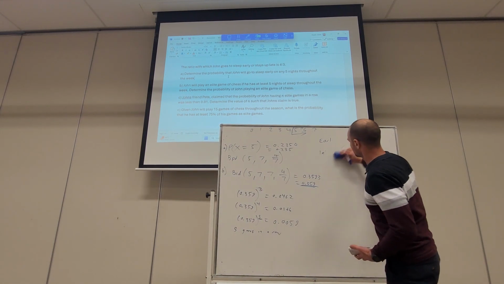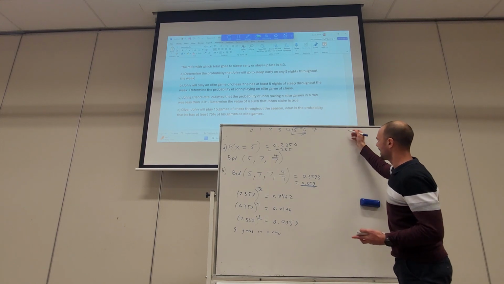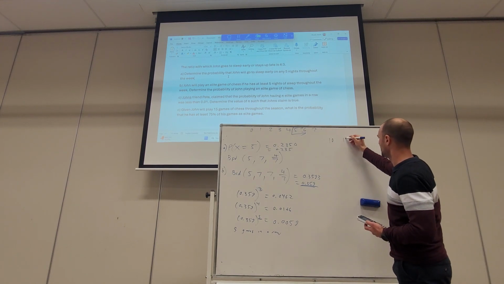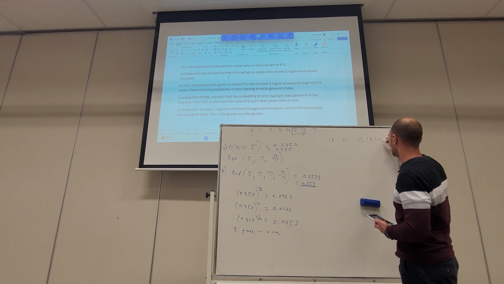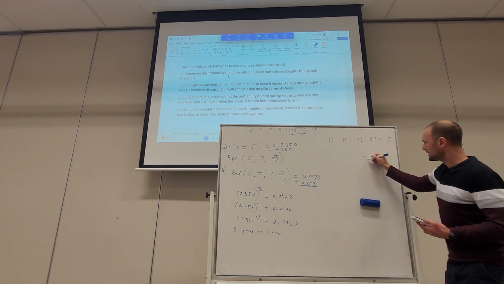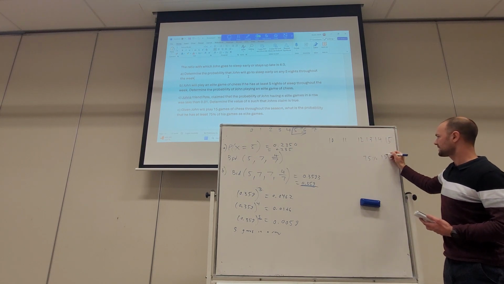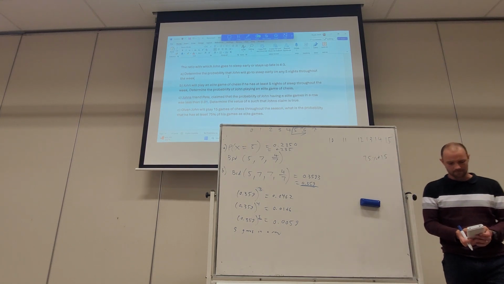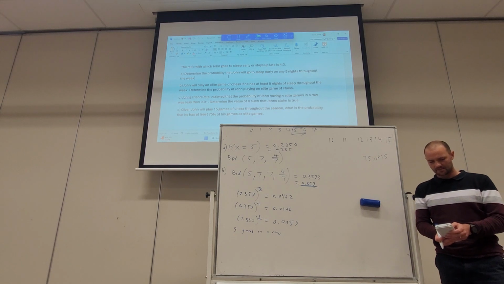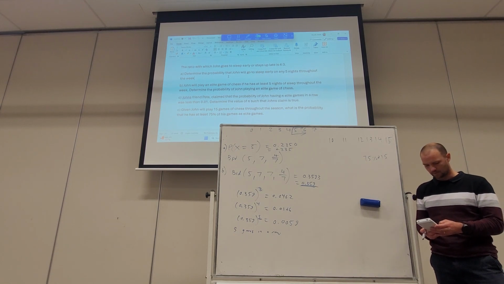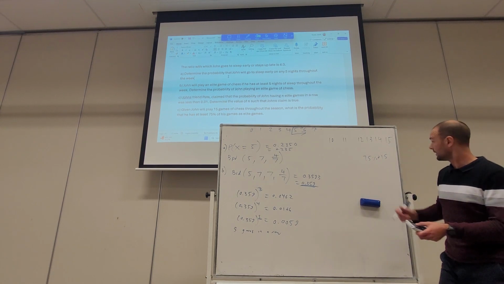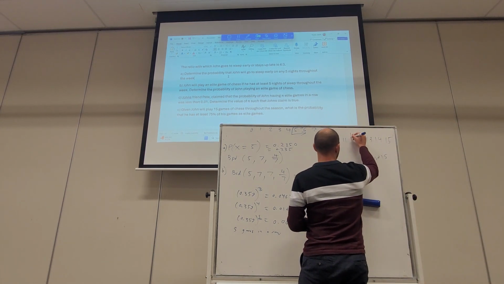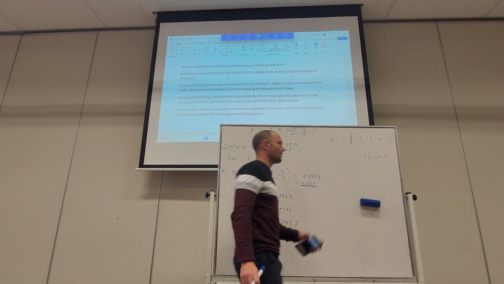If you think how many elite games of chess he's got, I'm just going to go from here onwards, 10, 11, 12, 13, 14, 15. Now the first thing we're going to do is calculate what's 75% of 15. So we'll just go 0.75 times 15, and we get 11.25.